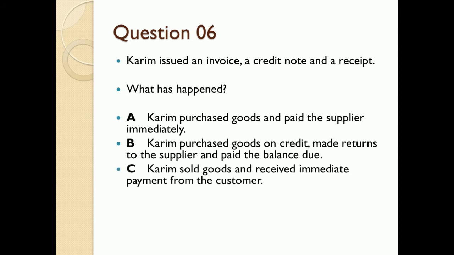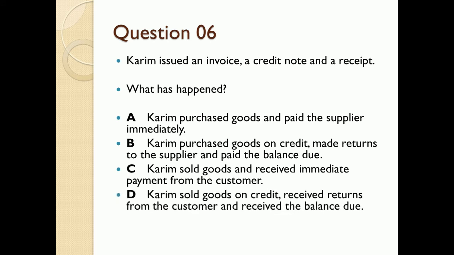C. Kareem sold goods and received immediate payment from the customer. Okay, if there is an immediate receipt, you have to think about what has happened. D. Kareem sold goods on credit, received returns from the customer, and received the balance due.